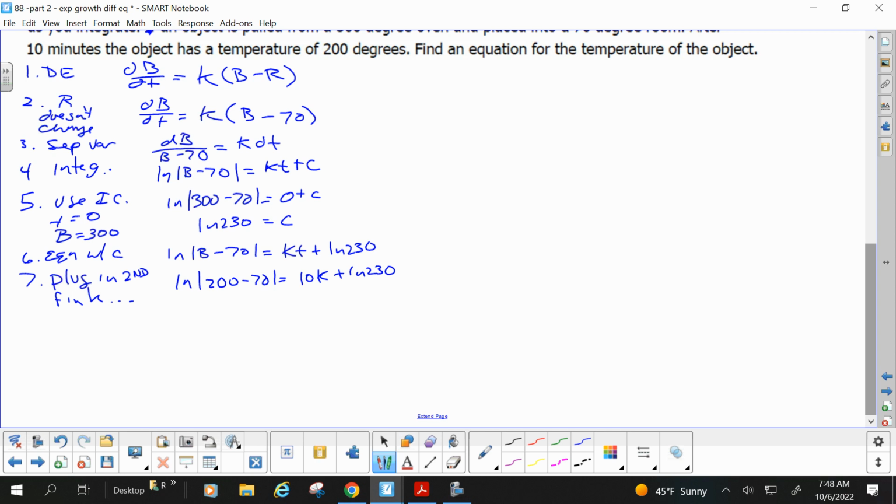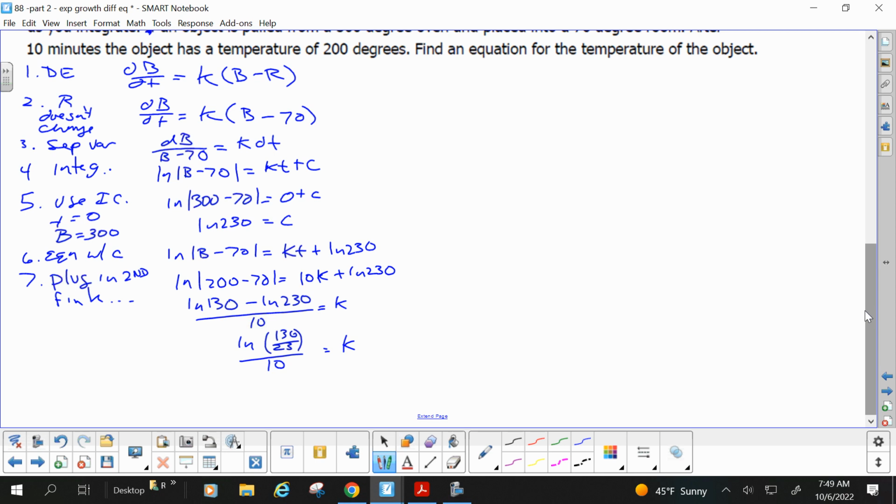That's a little bit gross, but we'll work it out. K is log of 130 minus log of 230, divided by 10, yay? But by log rules, it's more common that you'd see log of 130 over 230, or 13 over 23, divided by 10. Cool?